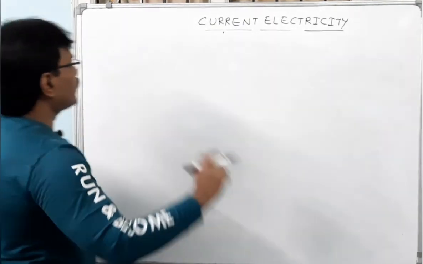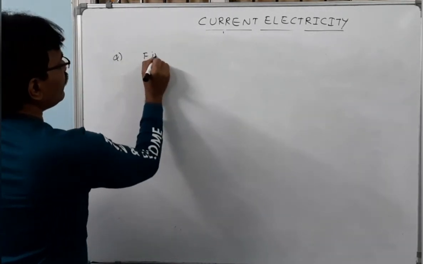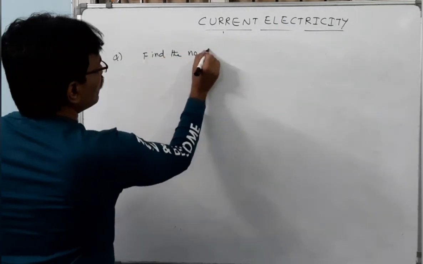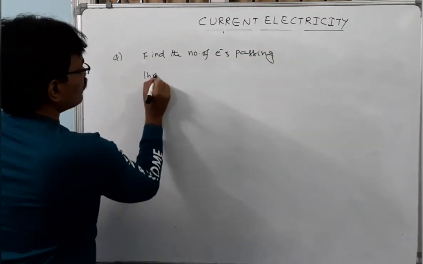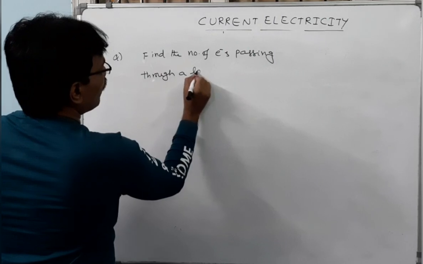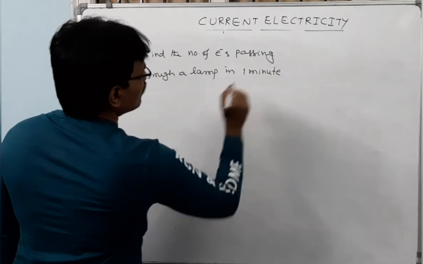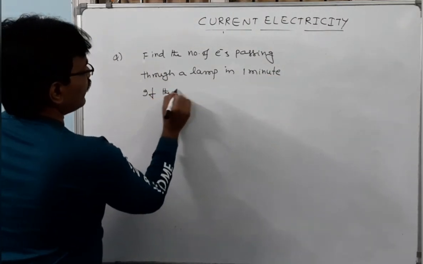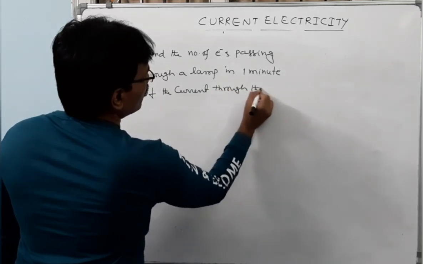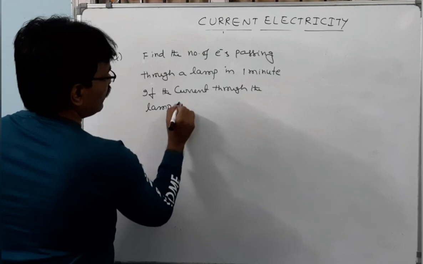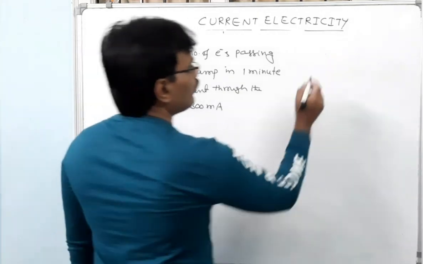So the next question is: find the number of electrons passing through a lamp in 1 minute if the current through the lamp is 300 milliamperes.